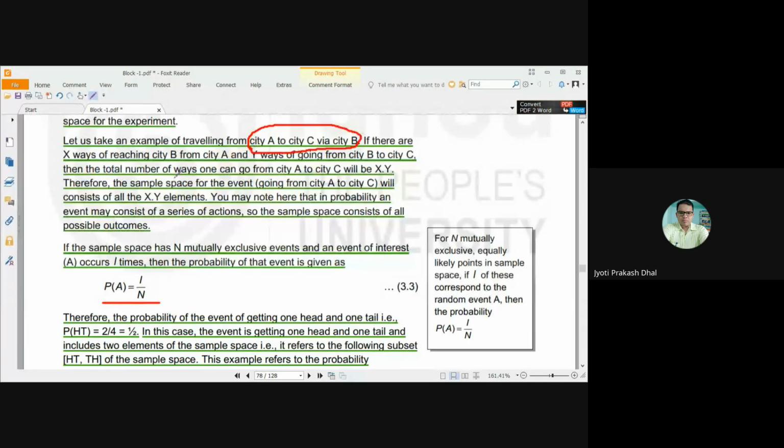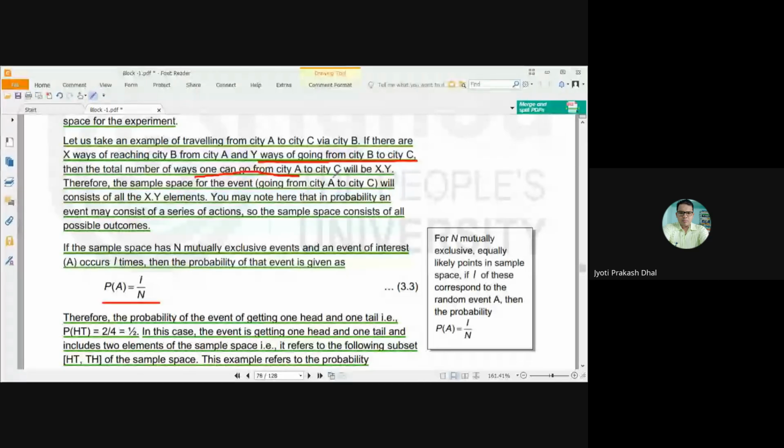If there are X ways of reaching city B from city A and Y ways of going from city B to city C, then the total number of ways one can go from city A to city C will be XY.